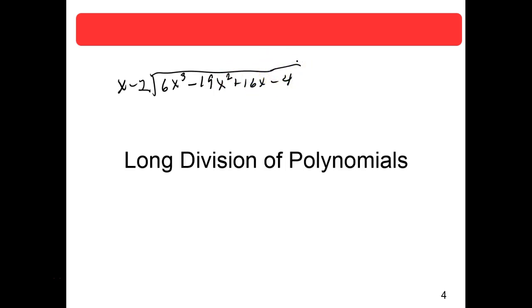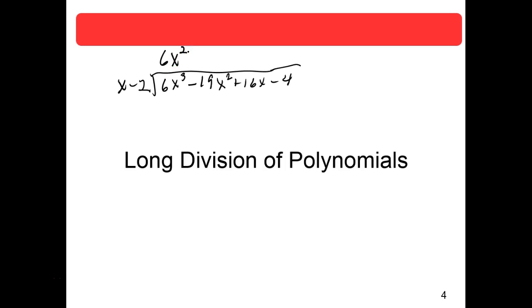Now, how do you think we're going to proceed? Think we may start down here? No, we start over here. And we start with the first terms, right? X will go into 6x cubed how many times? 6x squared times. Somebody remembers their synthetic division, don't they?